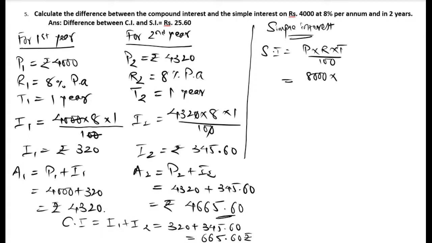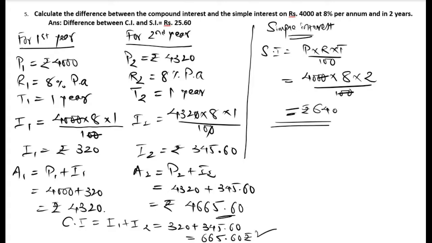Principal is 4,000, I'm sorry for that. Rate is 8% and time we directly take as 2 years. When we simplify, we get 320 into 2, that is rupees 640. This is the simple interest, and here is the compound interest.